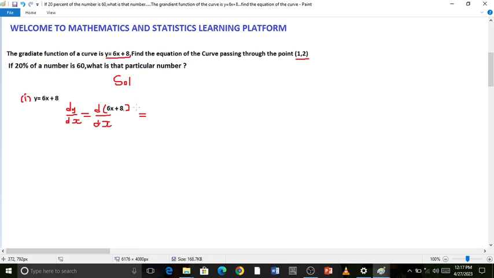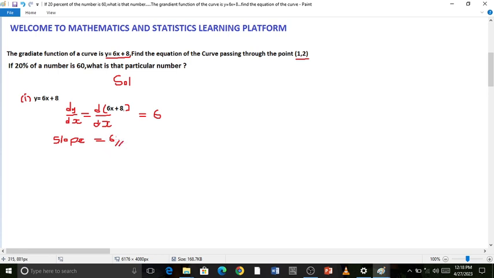When you differentiate this, we are going to get 6. So the value of the slope at this point is 6. That is the slope.